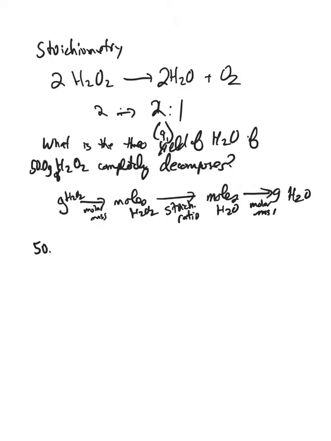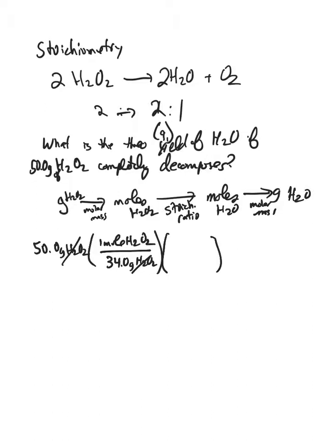So 50 grams of H2O2, we're going to convert that to moles H2O2. And the molar mass of hydrogen peroxide is 34.0 grams per mole. Grams H2O2 divided by grams H2O2 cancels. I've got moles of H2O2.